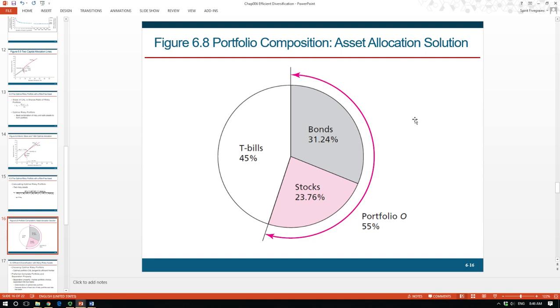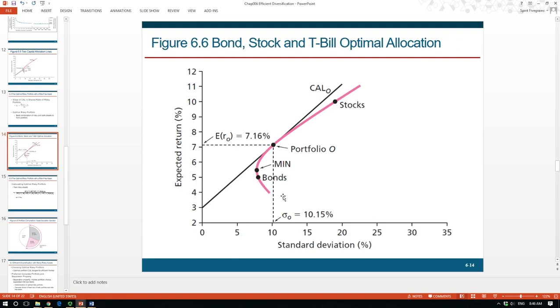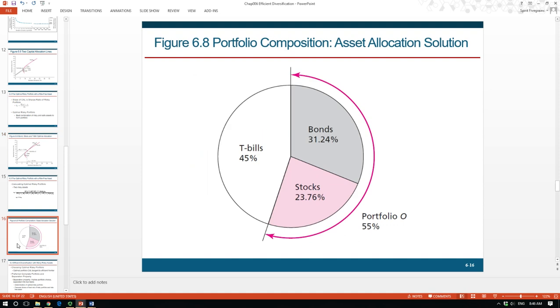First is to find the risky asset portfolio which is optimal in terms of risk and return trade-off. Here we make a decision on the mix of bonds and stocks to make sure that risk and return are optimized.